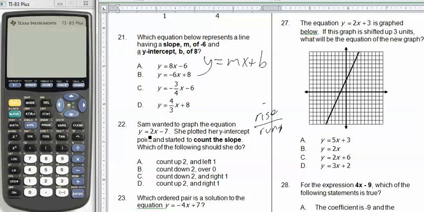So if it's not a fraction, we have to make it a fraction by putting it over 1. So we would count up 2 and to the right 1. So rise over run, up 2 over 1, and you always go to the right.